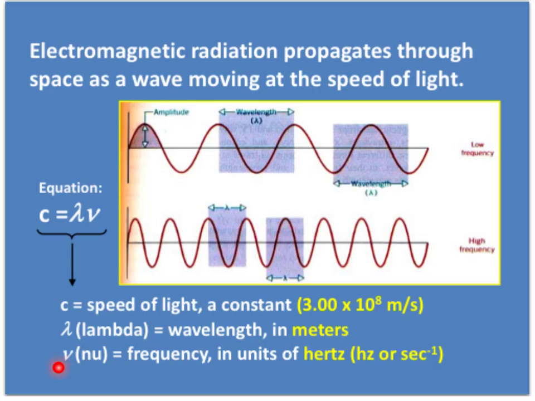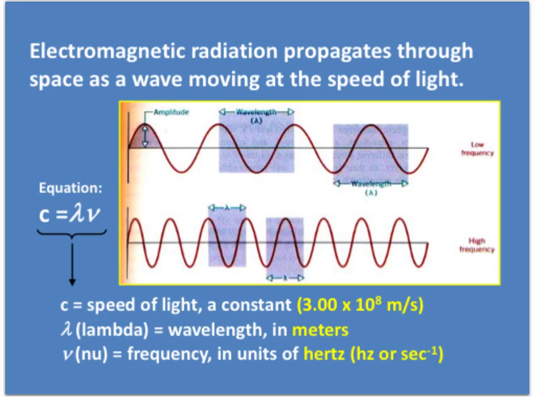Now, this here looks like a V. It is not a V. It is pronounced nu, N-U. You need to know this. This is the frequency, and the frequency is measured in units of hertz, or seconds to the minus 1.